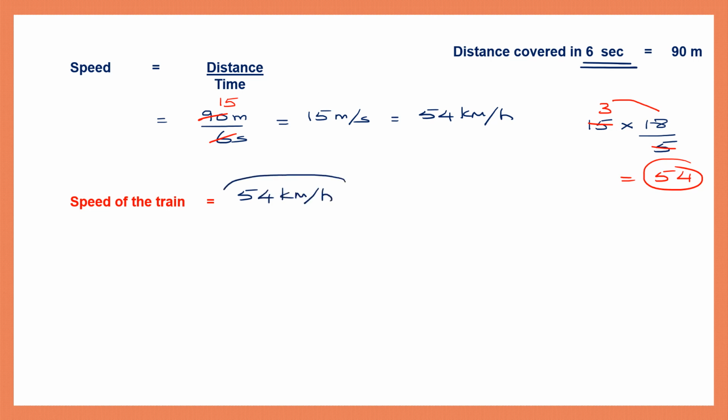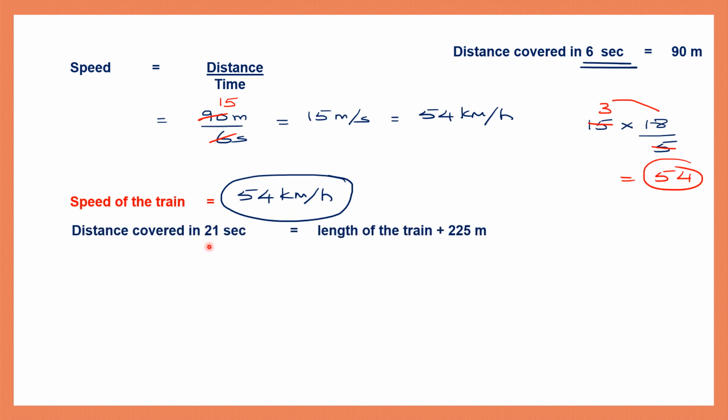Now how did we find this? We took the case of the train passing the stationary man in 6 seconds. In that case, we got the speed of the train as 54. Now, even if you take the distance covered by the train when it passes a platform in 21 seconds and you work this out, your final answer will still be 54 kilometers per hour.